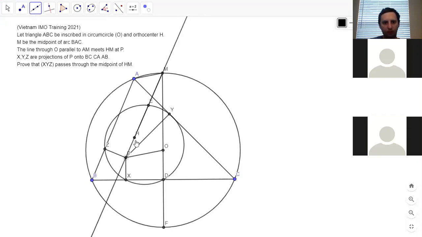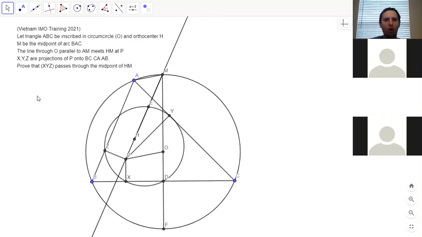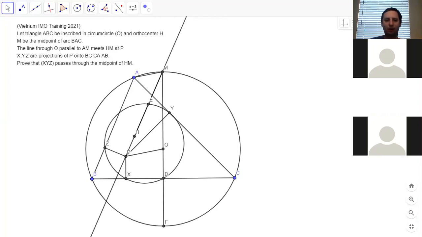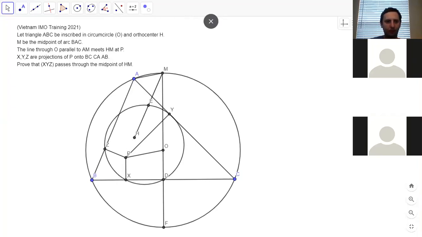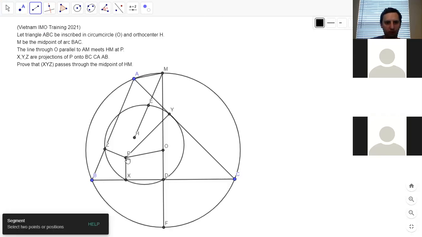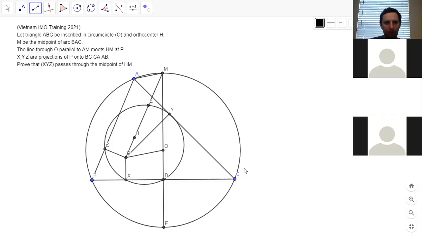Isn't it given in the problem? P is on HM. Oh, you're right. Yeah, I should have drawn it. No, that's my bad. Why did I want to draw that?